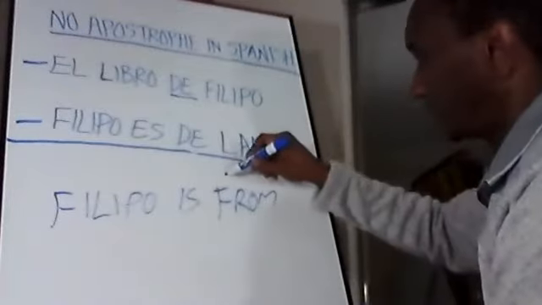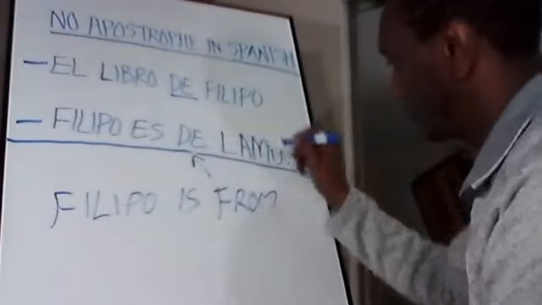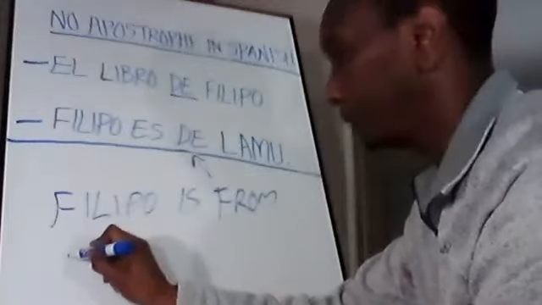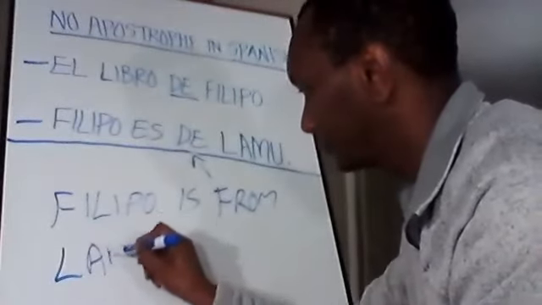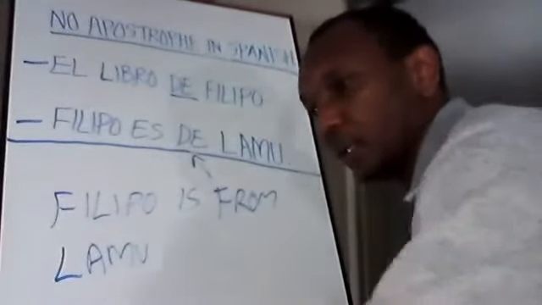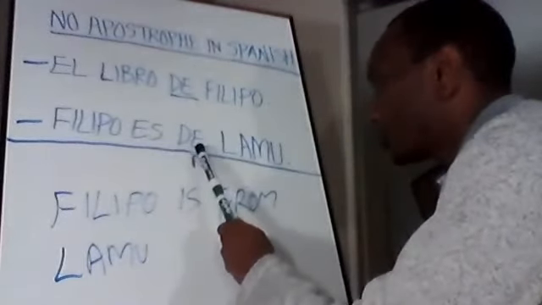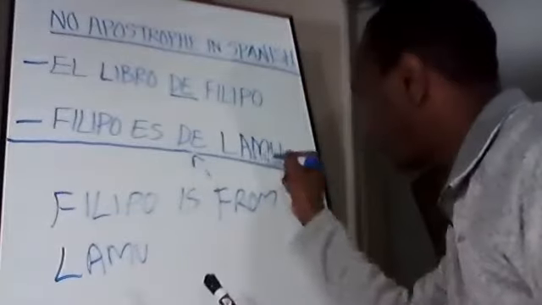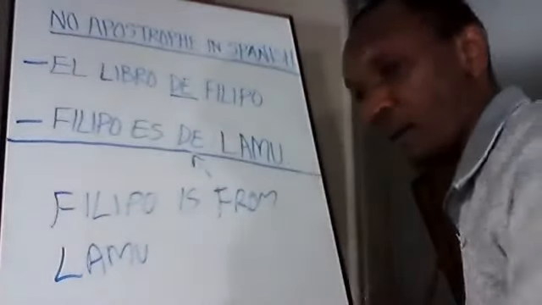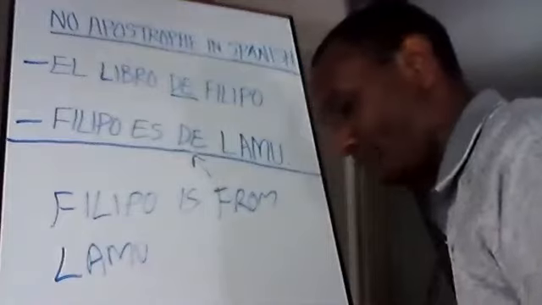That's our de there. You see, from, and Lamu is a place. So again, in the second example, de is used to denote origin, like Lamu is the place, and this is where Filipo is from.